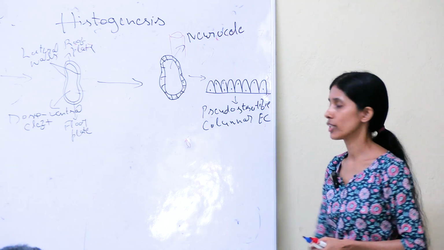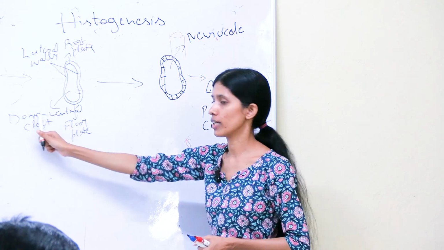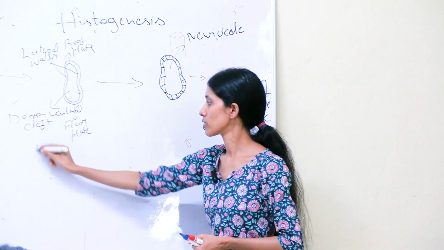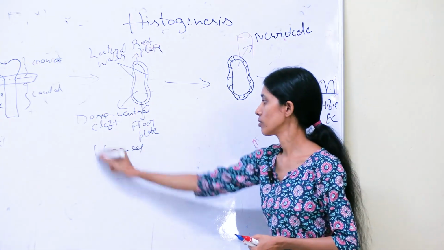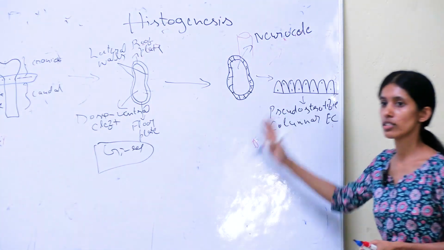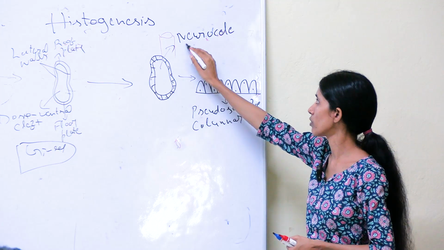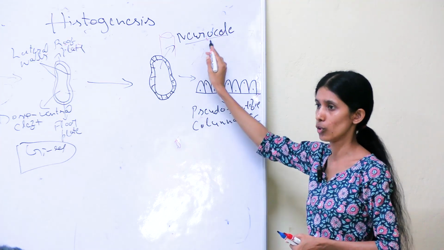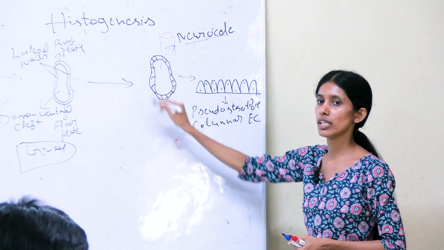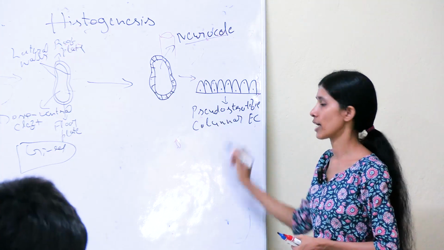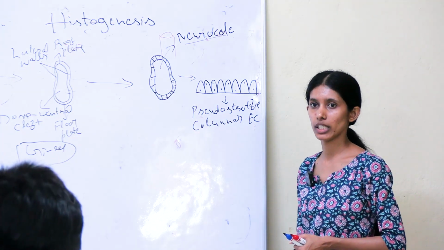Okay. In the gross part, this slit is referred to as the dorsoventral cleft. This is the gross structure. This is the histo part. Don't get confused. In the histology part, we refer to that cavity as the neurocele, and this neurocele is lined by your pseudostratified columnar epithelial cells.